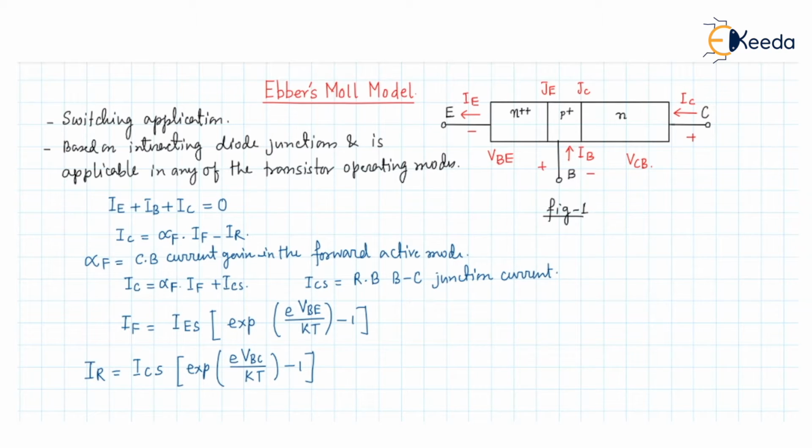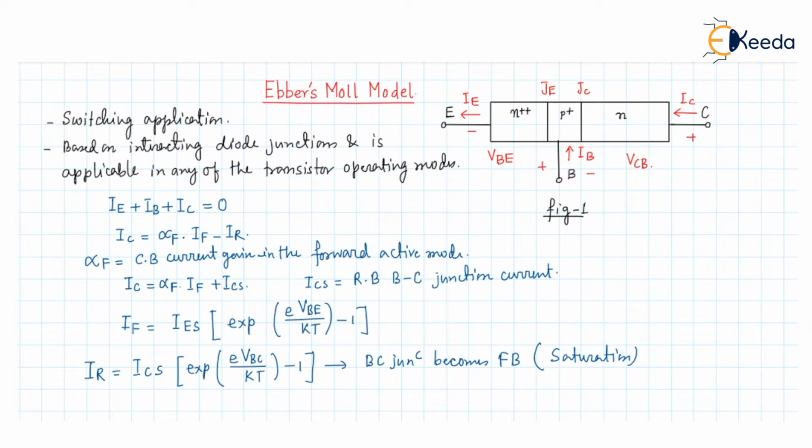This current occurs when the BC junction becomes forward biased, such as in saturation. From these two equations, the IF equation and the IR equation, the IC current can be written in the following way.